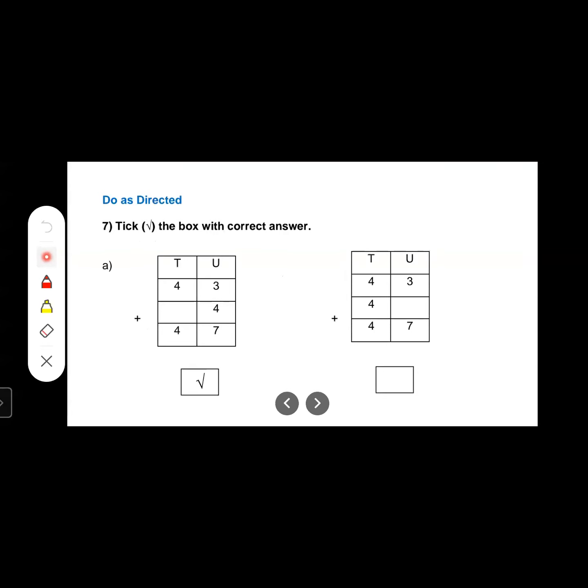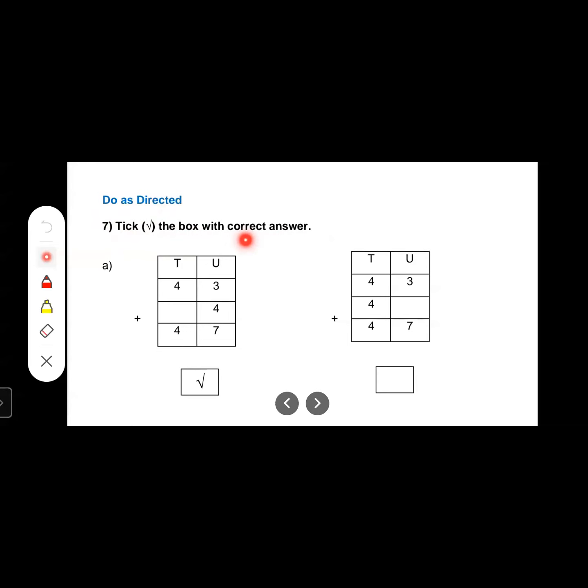You all will read it with me. Do as directed. Read this question. Tick the box with the correct answer.